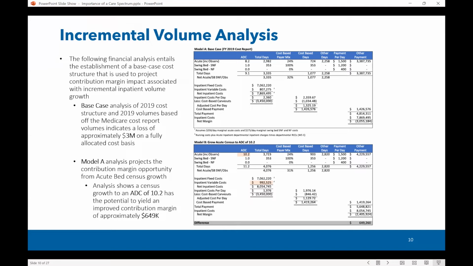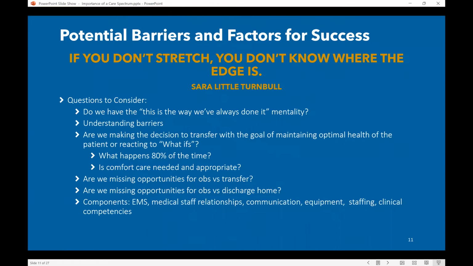It's a visual financial impact that really helps people understand that just growing a little can definitely help our bottom line. And that's another reason we want to keep patients in our hospitals.